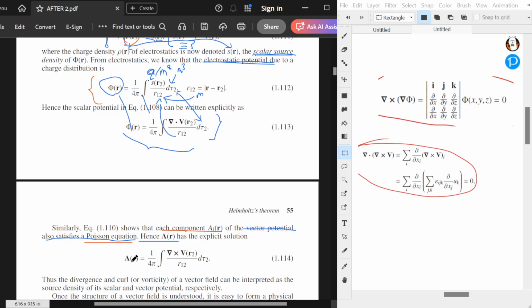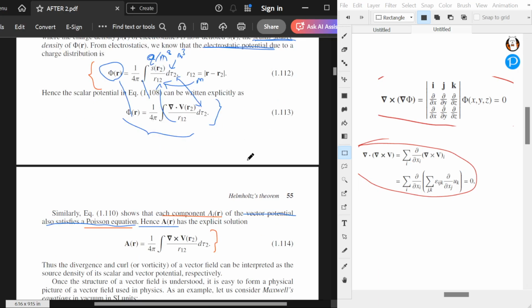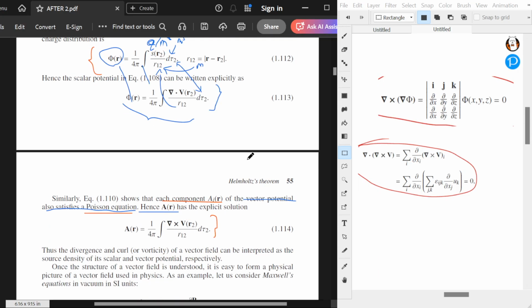So A(R) is this. I kind of don't like that they're grouping all three, putting all three of them into here.